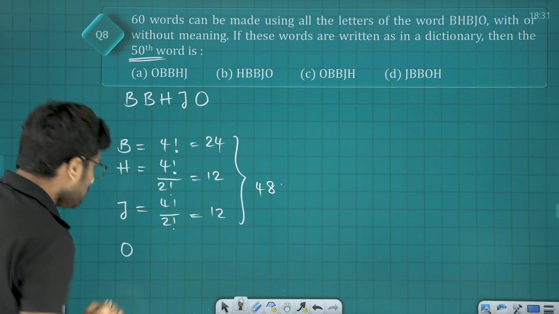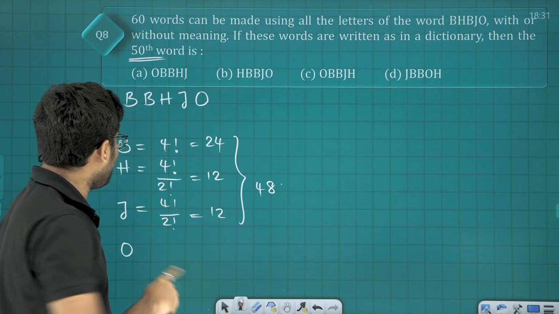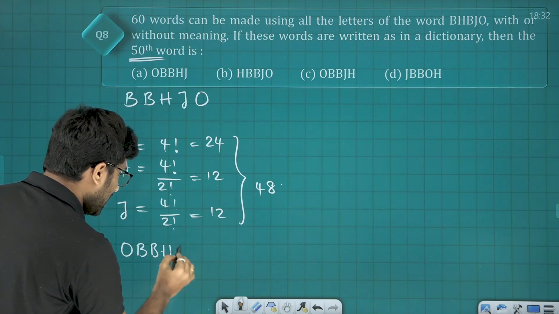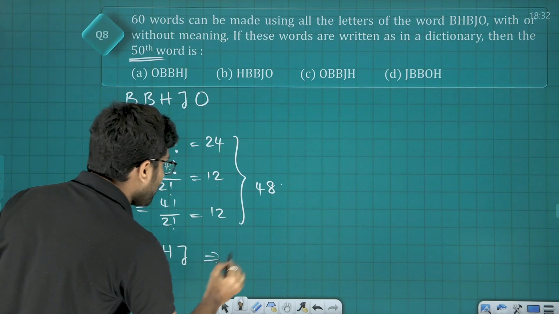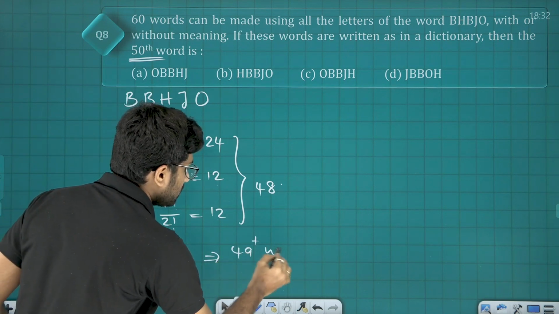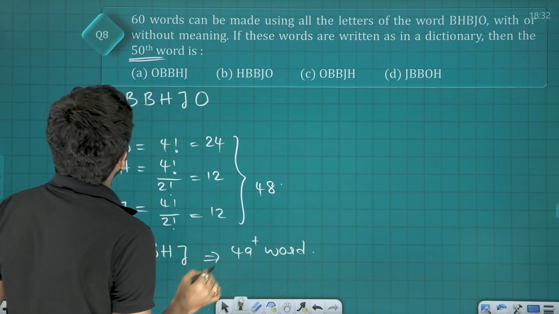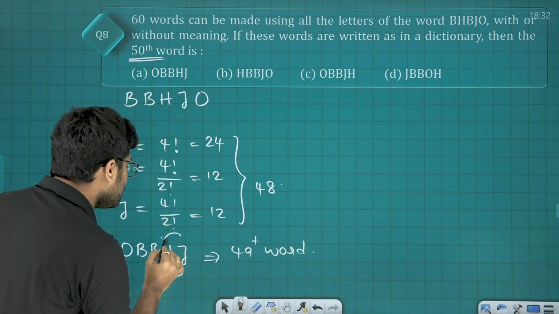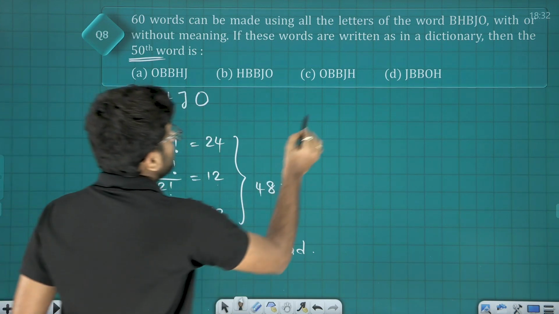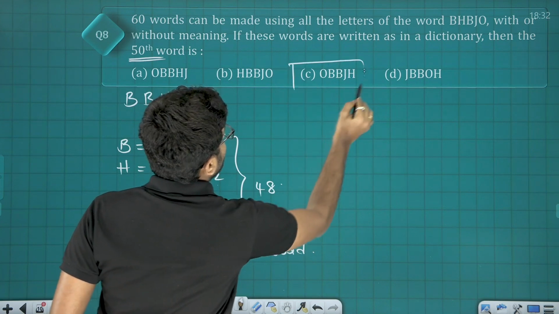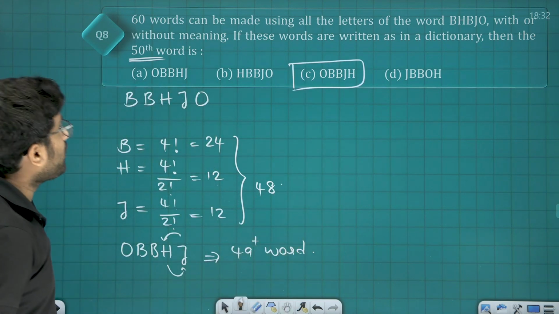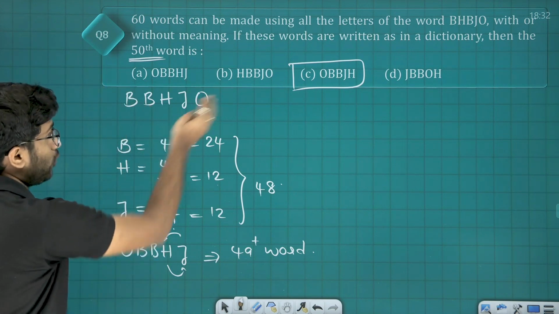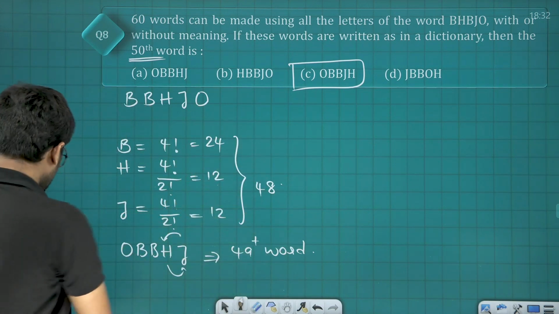O. So the first word with O in alphabetic order, that means B, B, H, J, O, is the 49th word. Now what is asked? The 50th word. That means just these two will be interchanged. So O, B, B, J, H is the 50th word in this sequence. Clear? Rank of O, B, B, J, H is 50.